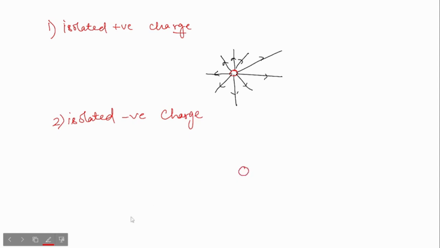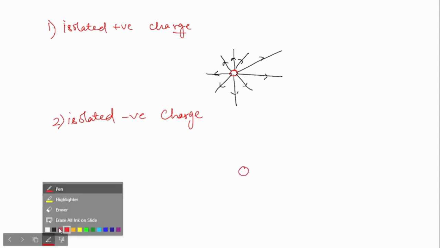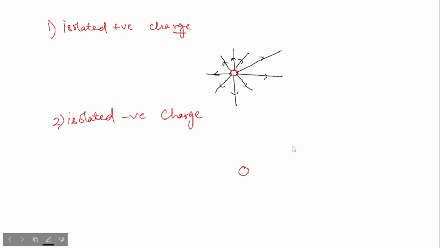Suppose this is an isolated negative charge. Can you guess the direction of the electric field lines? It will be somewhat like this. They will be converging towards the negative charge.